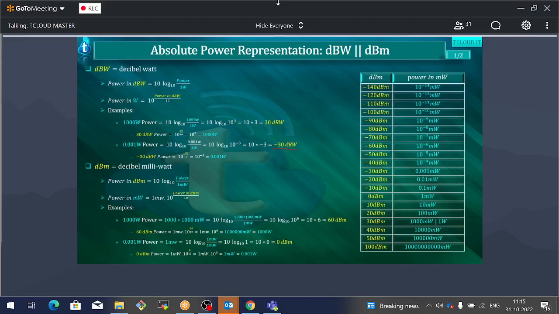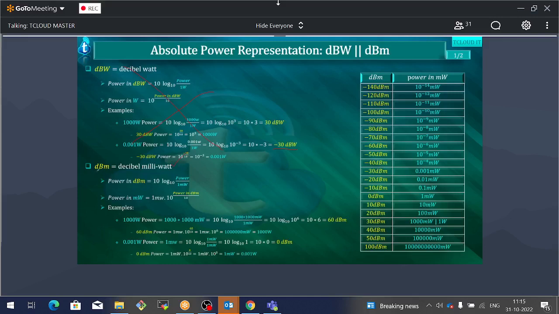It is in milliwatts basically. That is what you have to realize. But you never use decibel watts in our representation in 5G NR, in wattages, because we never use watts in our mobile phones. We will always be using milliwatts.